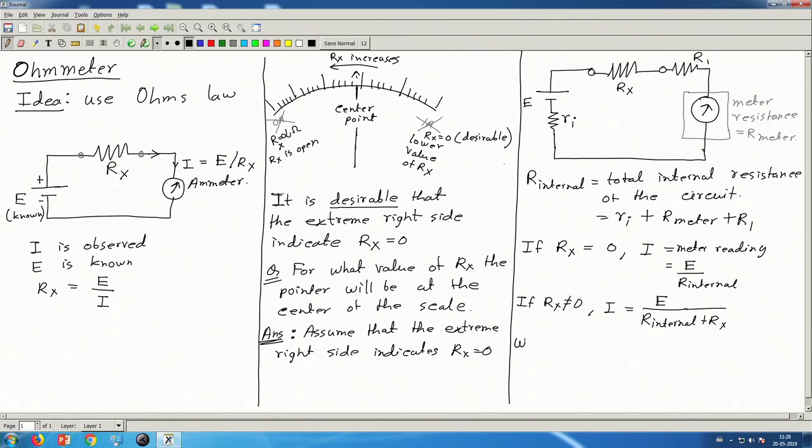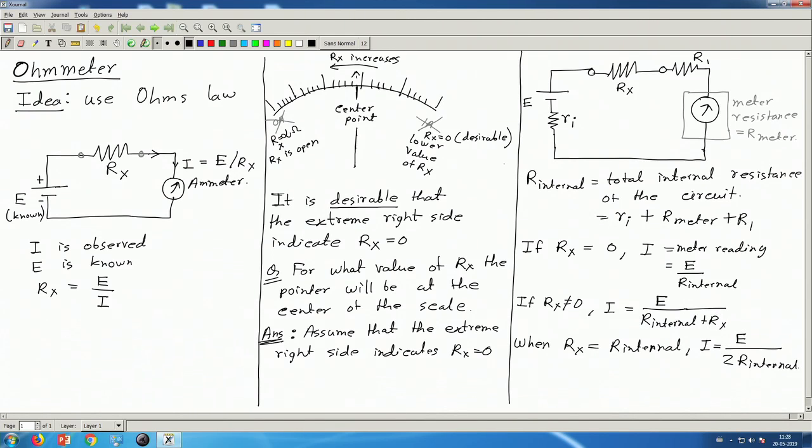Now, observe when Rx is equal to R internal, then I is equal to E divided by 2 times R internal, because I have R internal and Rx is also equal to R internal.